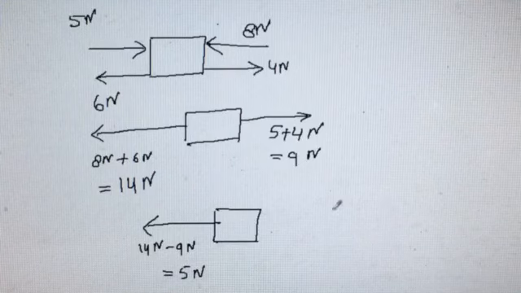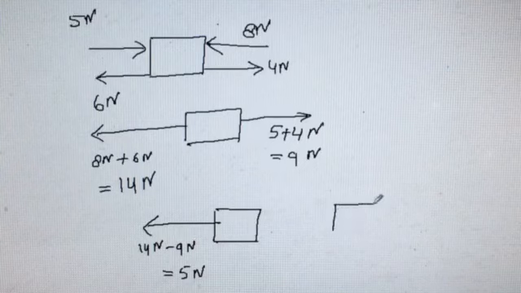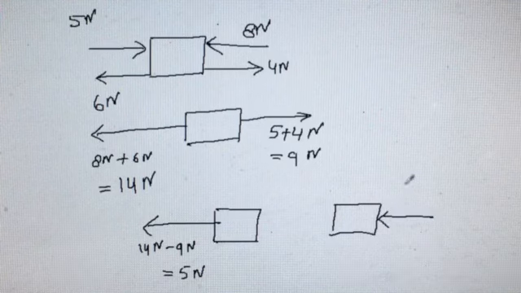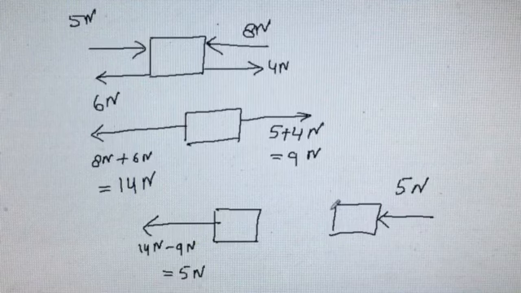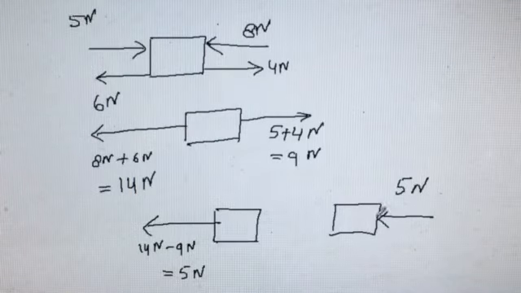You may also draw this diagram as follows. Resultant is of 5 Newton towards left. This force is trying to move this body in the left direction.